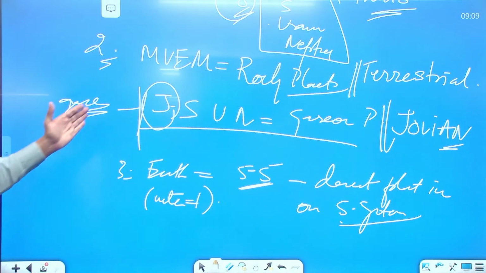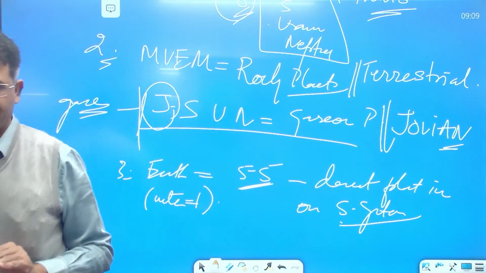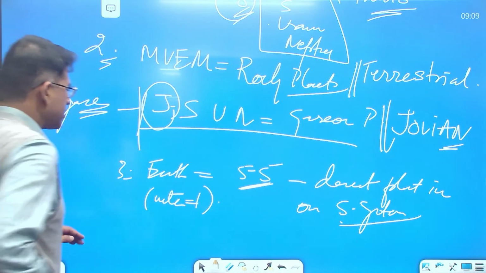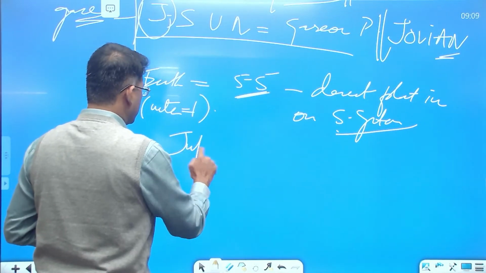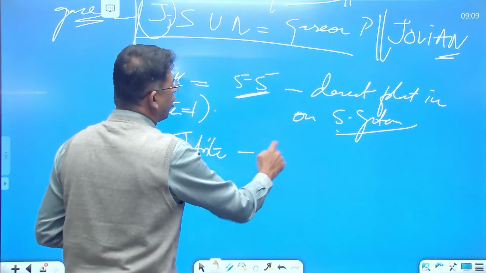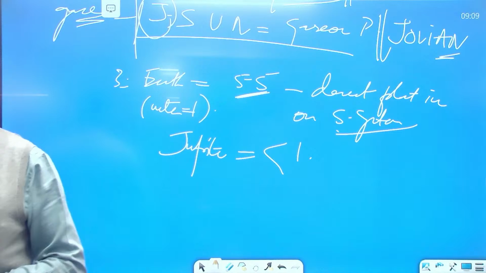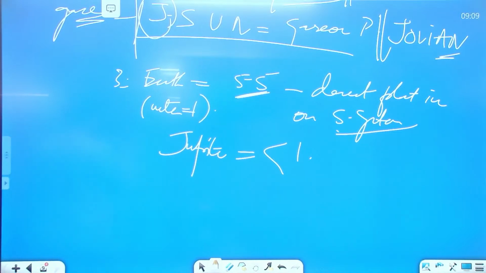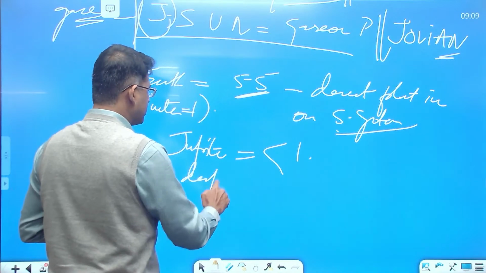Whereas the Jovian planets are much less dense. In fact, Jupiter का जो density है, Jupiter has a density of less than 1. It is said that Jupiter can float on the oceans of the Earth. Jupiter's density is less than 1.